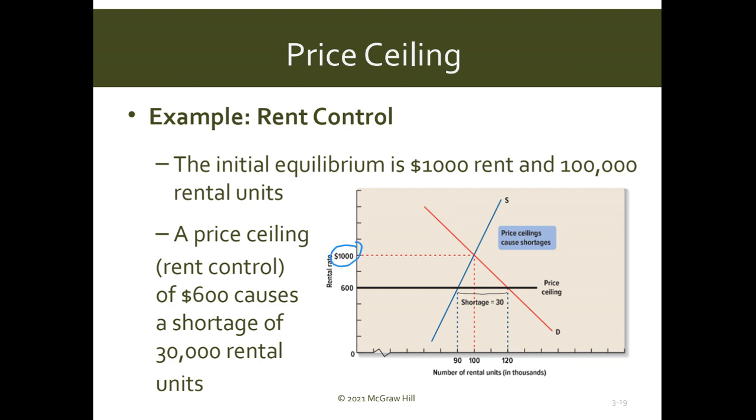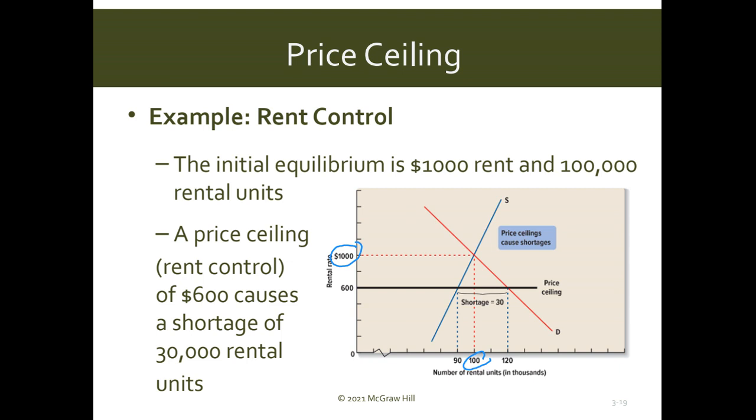That is, if you can afford $1,000, you can rent this apartment. The equilibrium quantity is 100,000 units, because the data is in thousands. So I'm not going to keep saying 1,000. So 100 apartments will be rented, and each tenant is paying $1,000.